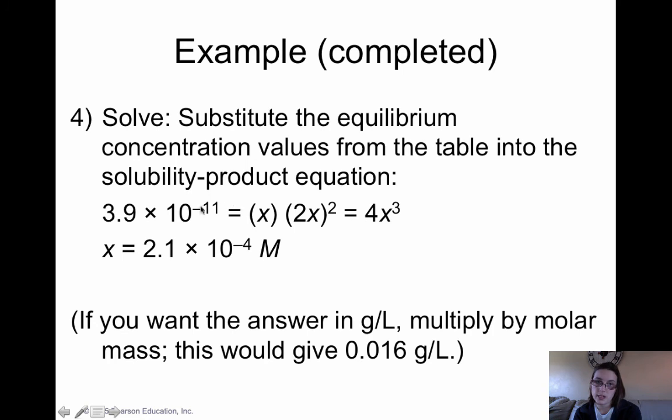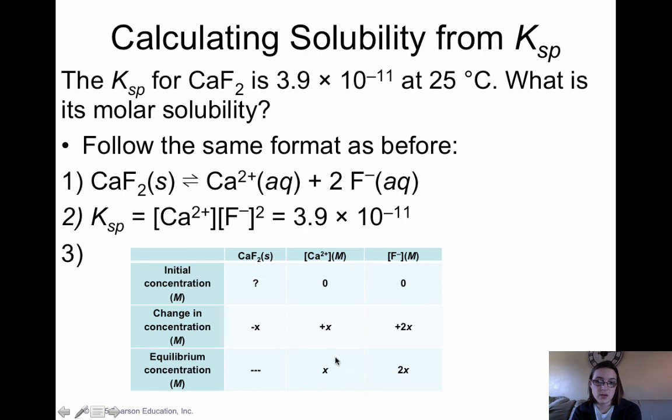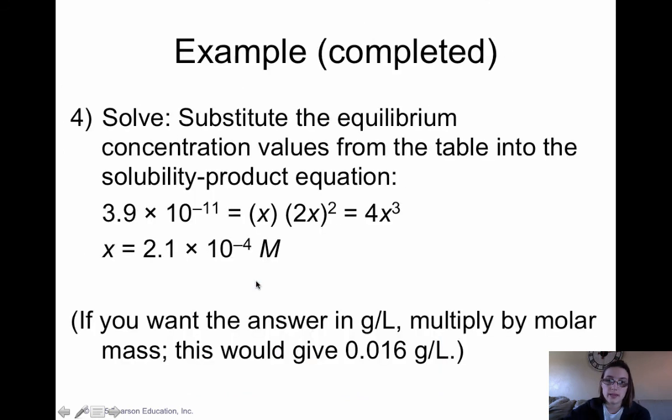So you get 3.9 times 10 to the negative 11th equals 4X cubed. You solve for X, and X is 2.1 times 10 to the negative 4th. Now look back at the ICE table. X is equal to the concentration of the calcium ions. But because it's 1 to 1, that's also the initial solubility of calcium fluoride. So molar solubility is going to be 2.1 times 10 to the negative 4th.